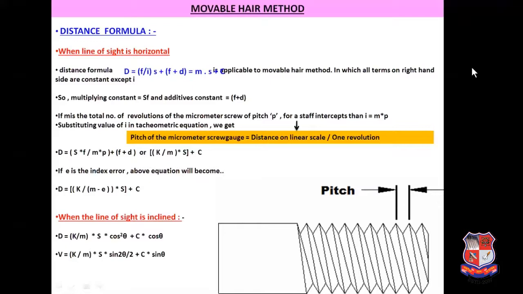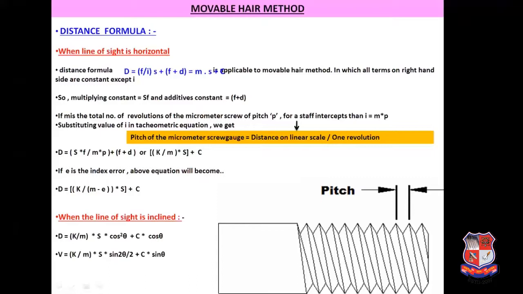When the line of sight is horizontal, the distance formula in case of the movable hair method is D equal to F upon I into S plus F plus D, that is equal to MS plus C. This is applicable to the movable hair method, in which all the terms on the right hand side are constant except I. So the multiplying constant will become S into F, and the additive constant will become F plus D.